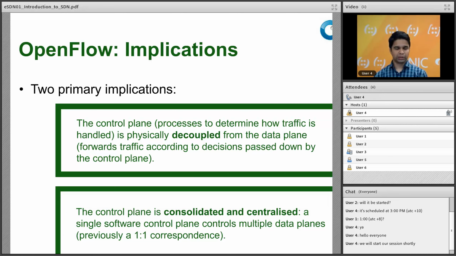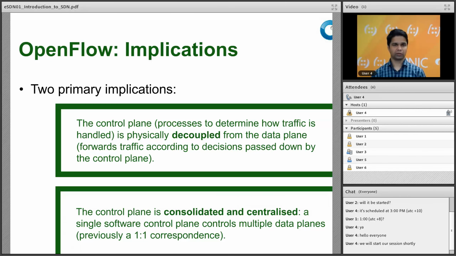The first one is that the control plane is physically decoupled from the data plane, which basically forwards according to the decisions passed down by the control plane. Number two is that the control plane is consolidated and centralized in a single software control plane, which controls multiple data planes. Previously, it was 1:1, right?